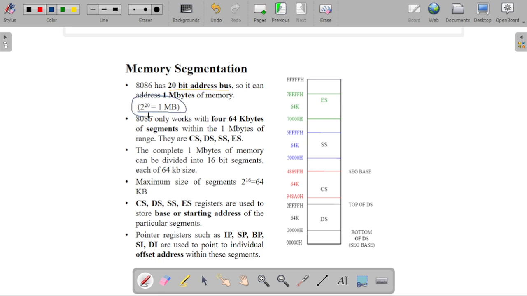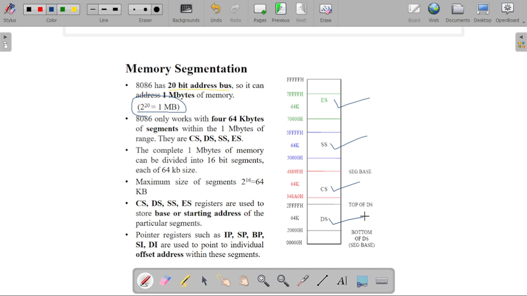Our 8086 microprocessor consists of 1 megabyte of memory, and the whole 1 megabyte will be divided into multiple segments: extra segment, stack segment, code segment, and data segment. So our whole memory is divided into 4 parts, ES, SS, CS, and DS, that is extra segment, stack segment, code segment, and data segment.